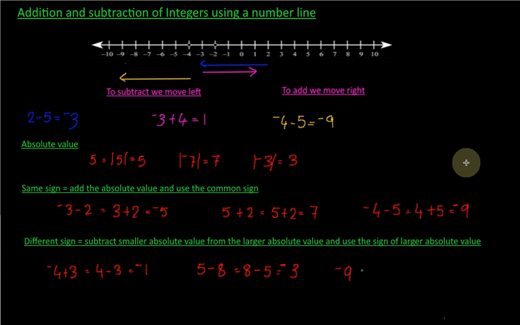Negative 9 plus 5. The absolute value of minus 9 is 9, the absolute value of 5 is 5, and we have to do subtraction here. So 9 minus 5 is 4, and the larger value is 9, so it is negative, so the answer will be negative 4. So this is how we do addition and subtraction of integers using absolute value.